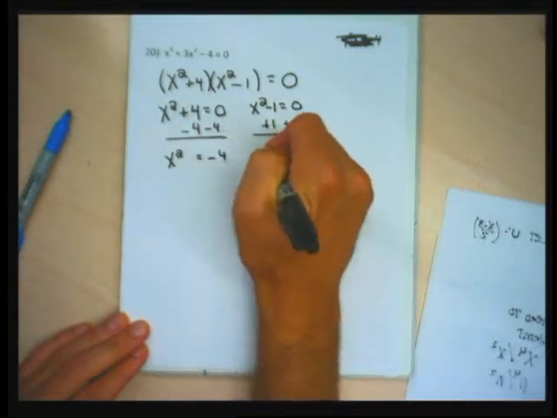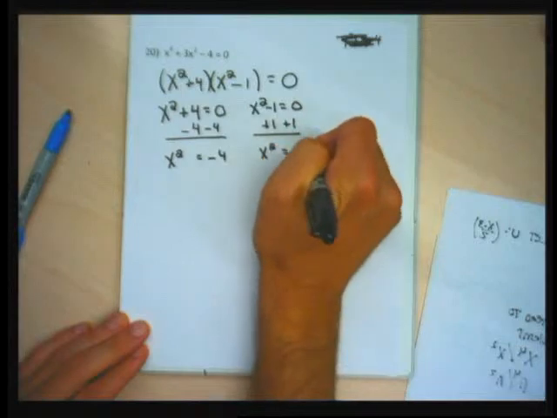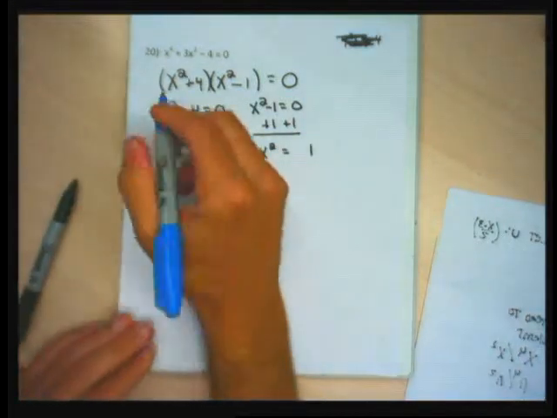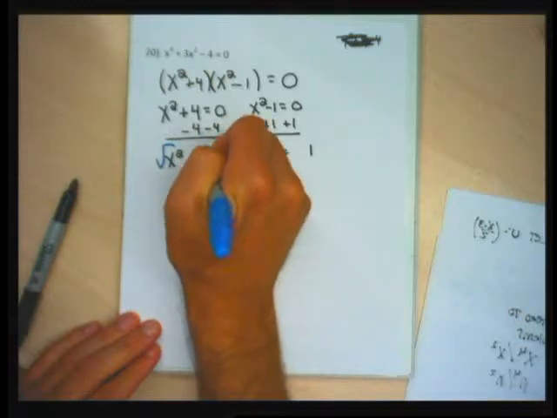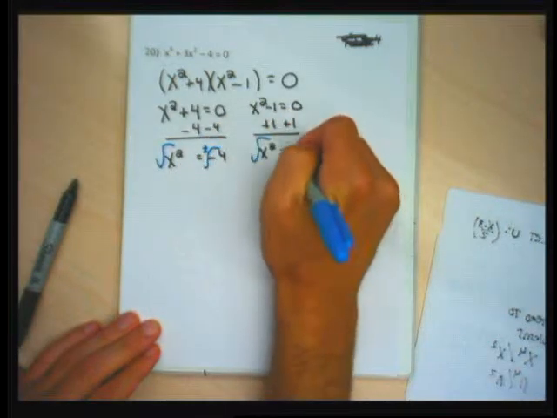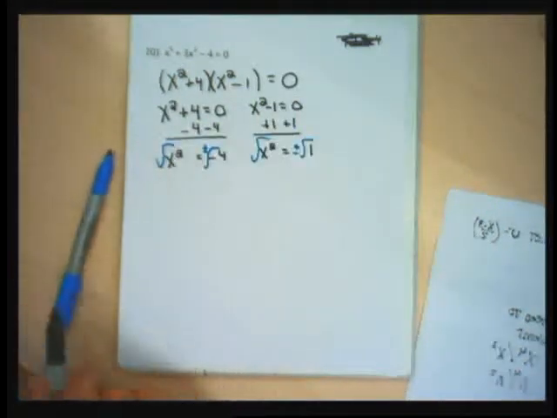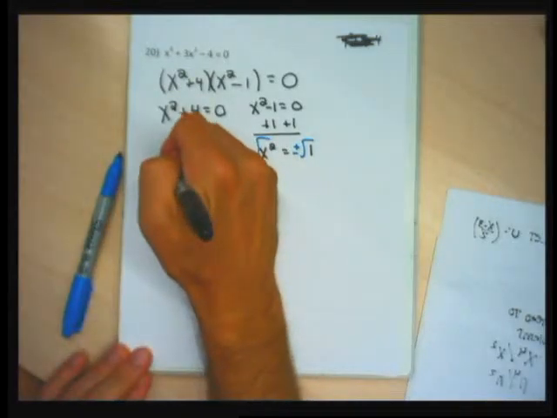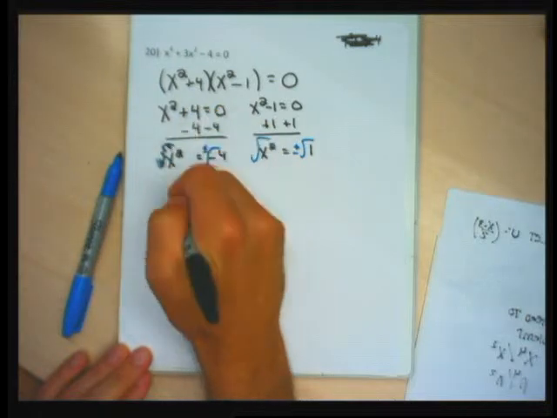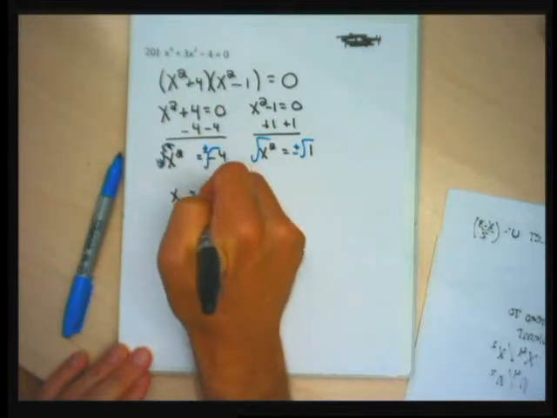So I want to get answers for x, not answers for x squared, so I need to solve for x. So I take plus or minus the square root. For each x squared, square rooting cancels out the exponent.